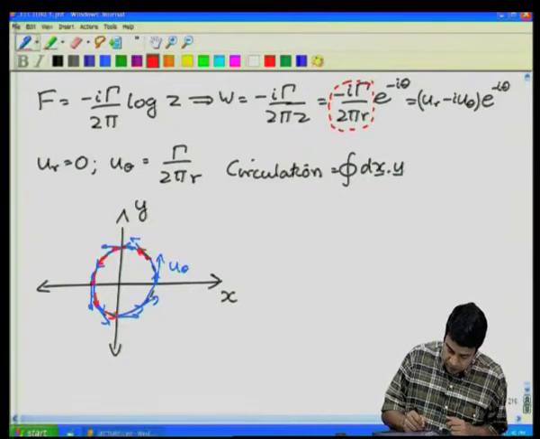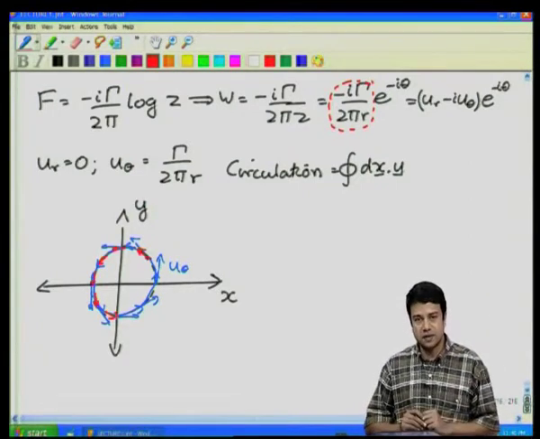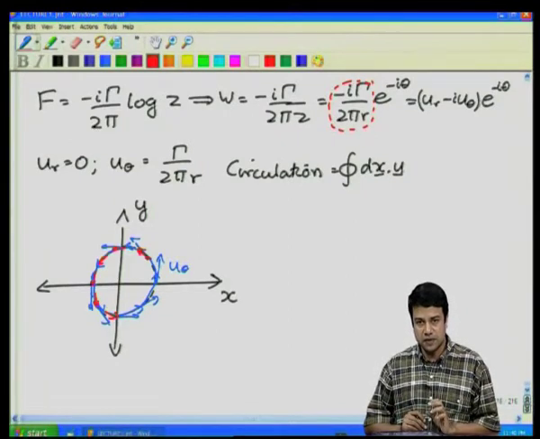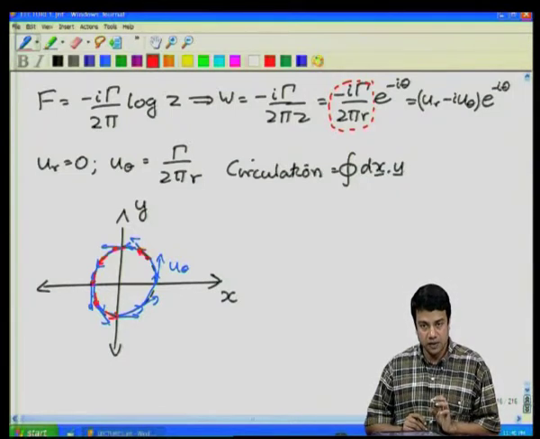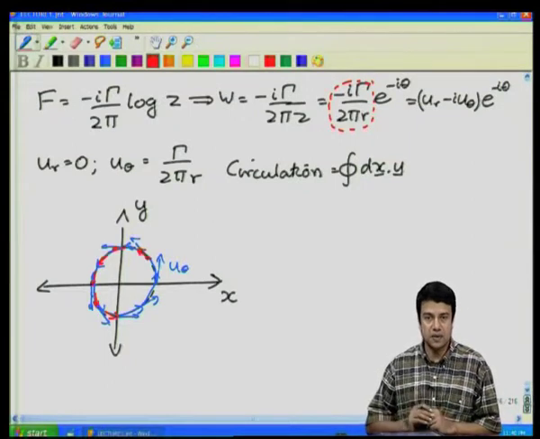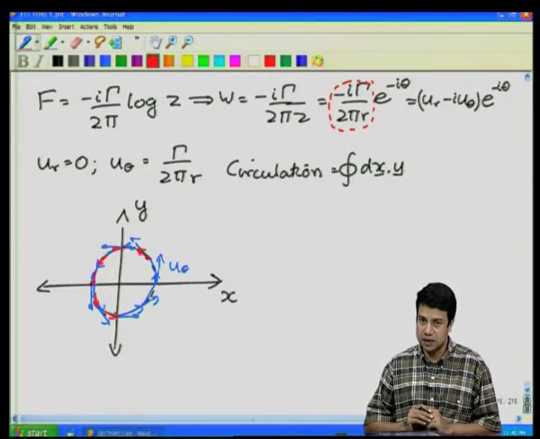So, you can see that for this circle, if I take dx dot u, for the r component of the velocity, dx dot u will be 0. It is non-zero only for the theta component, the component that is tangential to this surface. So, this circulation around the circle is equal to integral dx dot u.